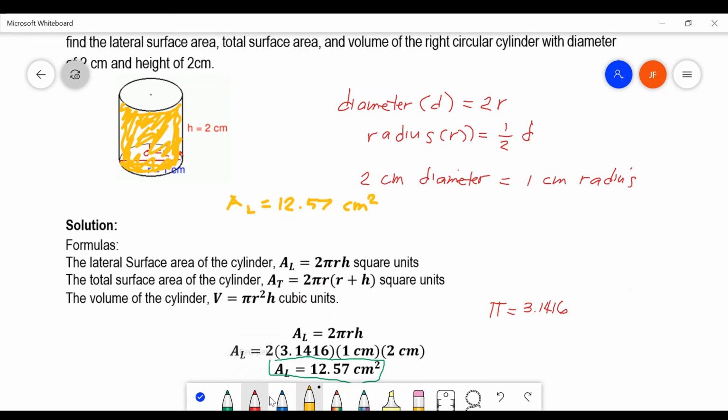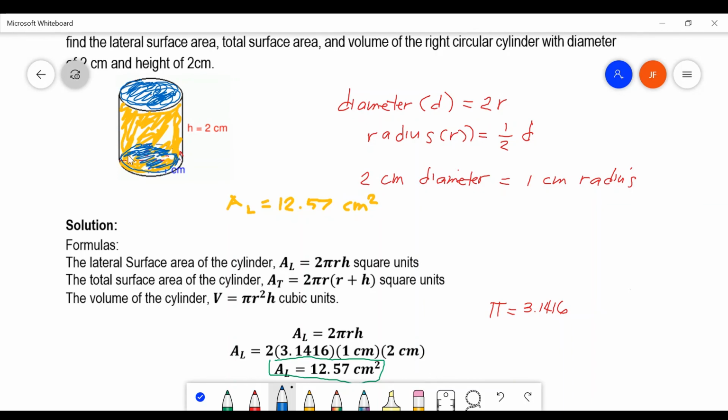Now for our total surface area: when we say total surface area, it is the lateral surface area, the first one we shaded, plus the bases, the top base and also the bottom base, which is there below.